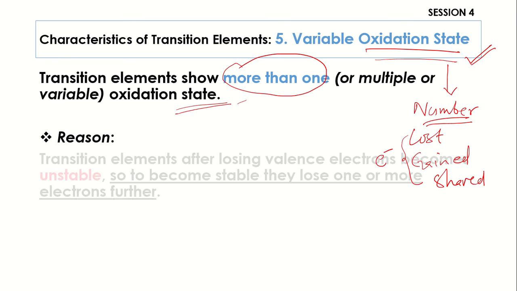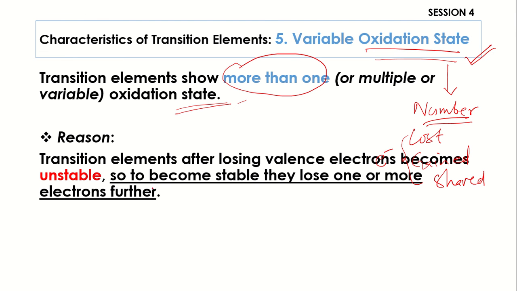And the reason is, once the transition elements lose an electron, they become unstable. So to become stable, they lose one or more electrons further, so that at the end the transition element may become stable.